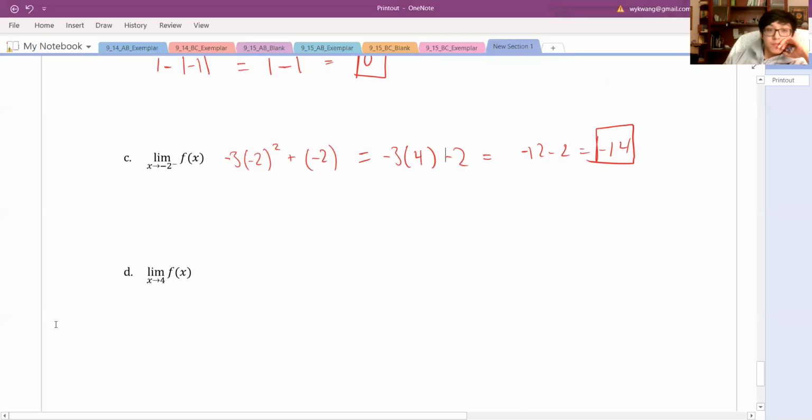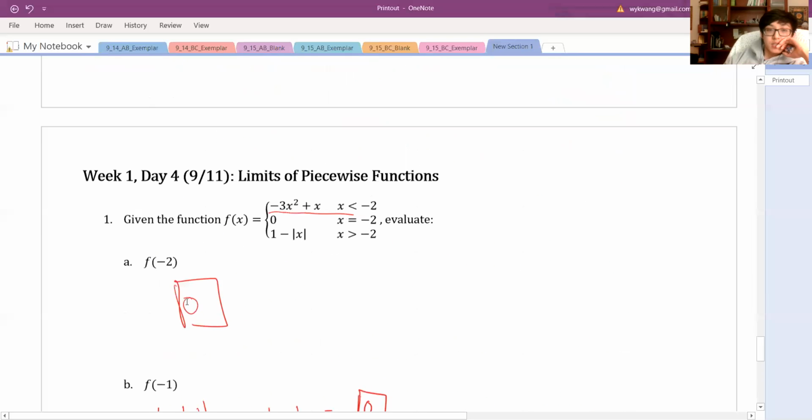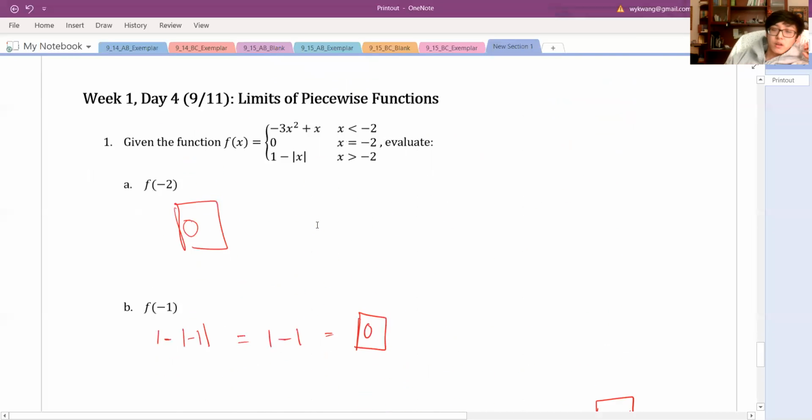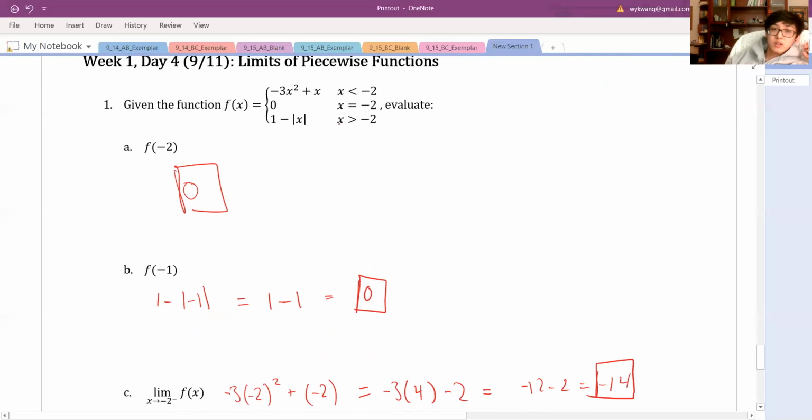Okay, last problem. The limit of f of x as x approaches 4. Well, here's the thing. 4 is pretty clear because it fits straight into a domain. It doesn't even deal with -2 at all. So it fits in the x is larger than -2 domain. So we're just going to plug in 4, because it fits perfectly into this domain.